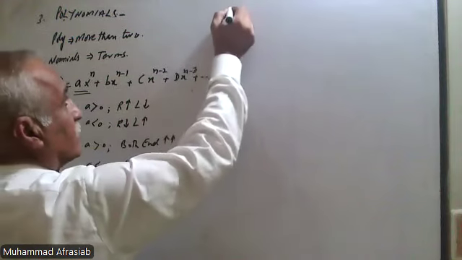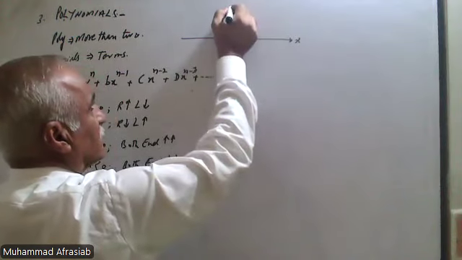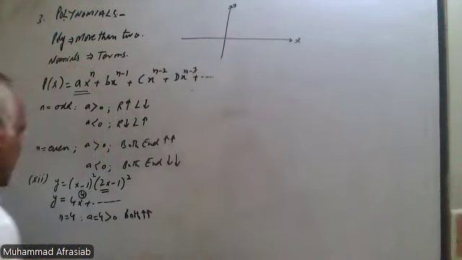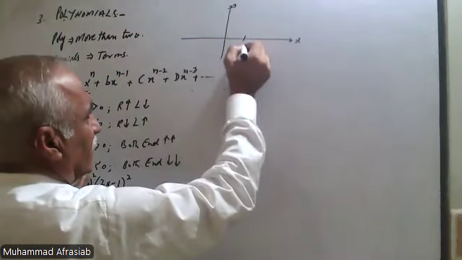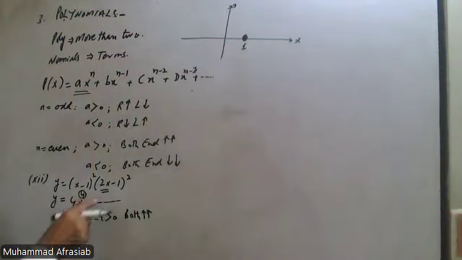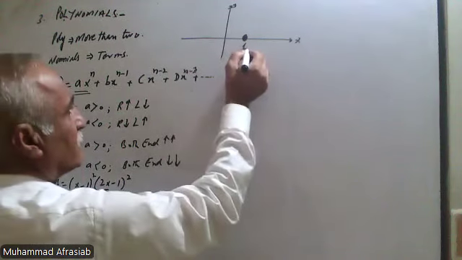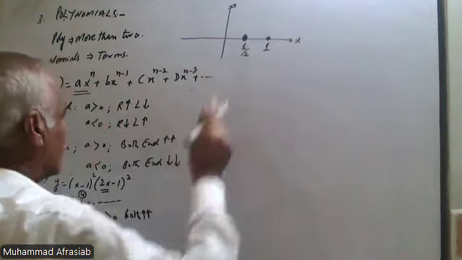If we draw the sketch of this, this is the x-axis, this one is the y-axis. If x minus 1 whole square is equal to 0, then it will have the value of 1, which is repeated. Two roots are at this value 1. And if 2x minus 1 is equal to 0, then x value is equal to half, which is also repeated.